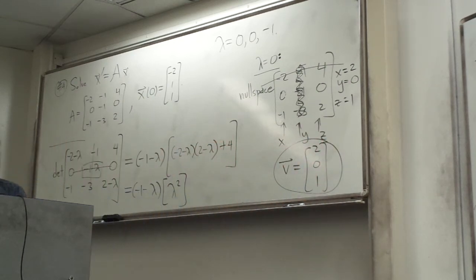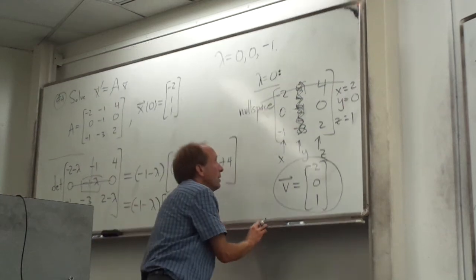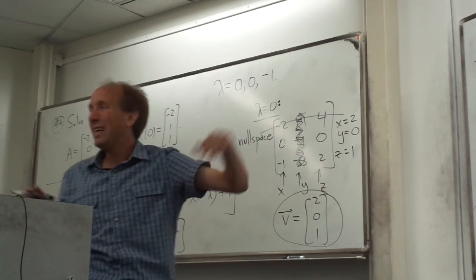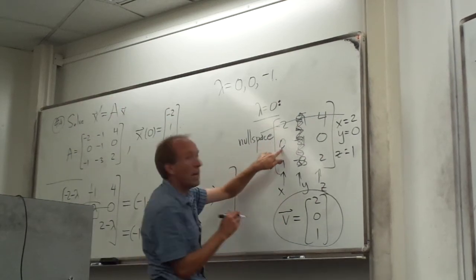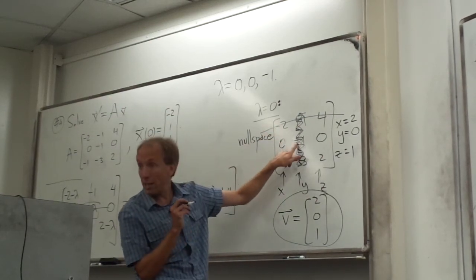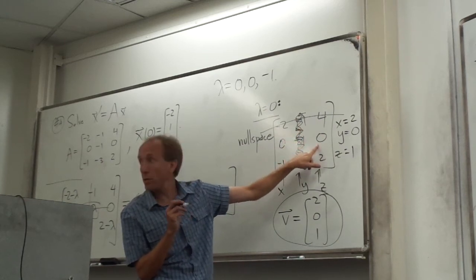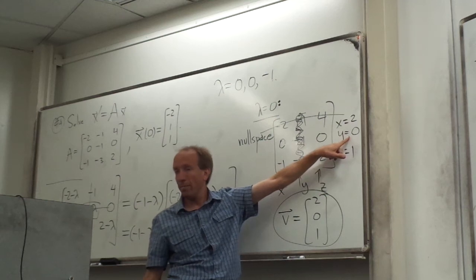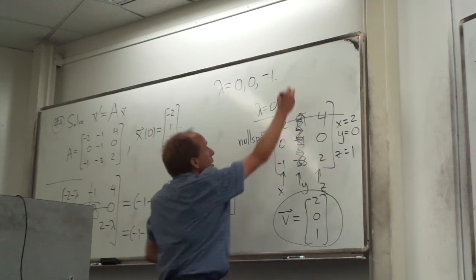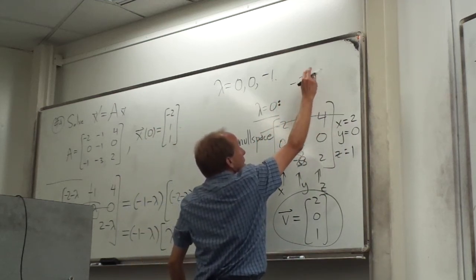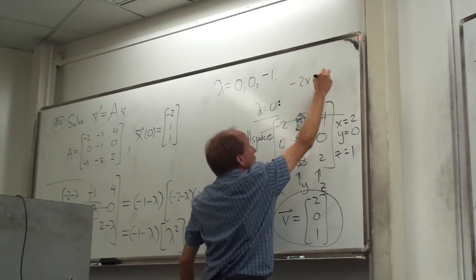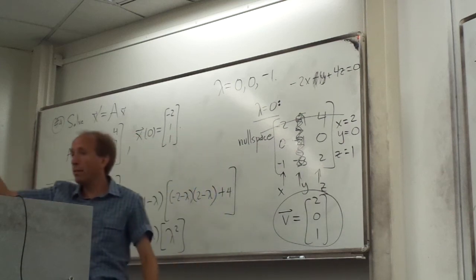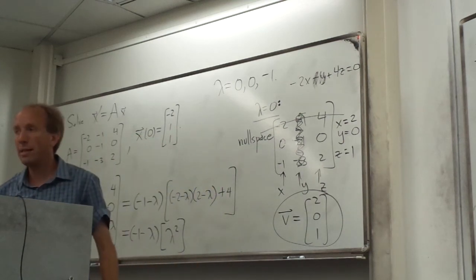Can you repeat it, please? Sure. Coming back, I first look at the middle row just because it's the easiest row. In the middle row, we're just saying 0 times x minus 1 times y plus 0 times z equals 0. So that's where I'm getting y equal to 0. Now once y is equal to 0, the first row reduces to -2 and 4 for x and z.